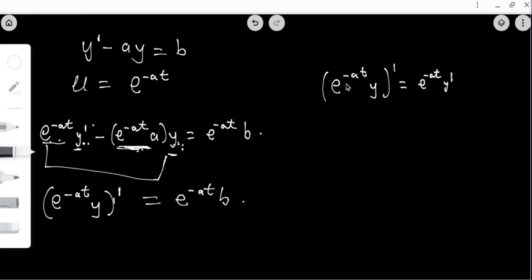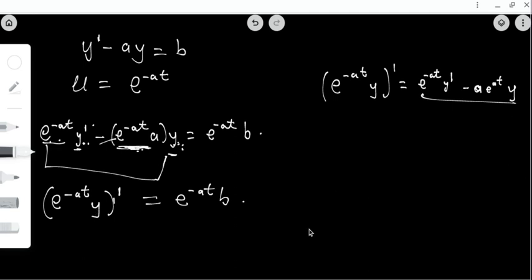When you differentiate e^(-at), you will get negative a, because you differentiate the exponent first, then it will multiply e^(-at). Then you hold the y. So look at this. Is it not the same as this one? It's clear, thank you. Yes, so it means that this whole thing is the same as this.